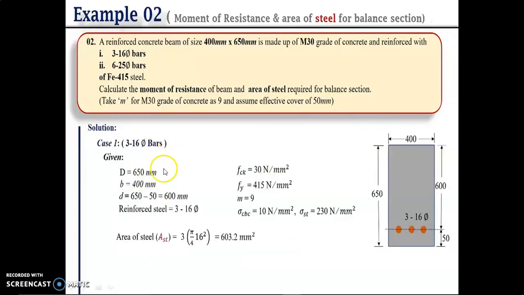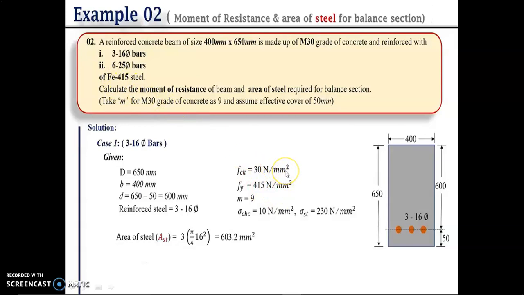So these are the values which we have been given. 650 is the overall depth, 400 mm is the width. So effective depth is equal to 650 minus 50, because here the effective cover is 50 mm. fck value is 30, fy value is 415.